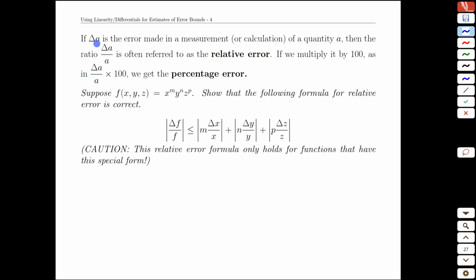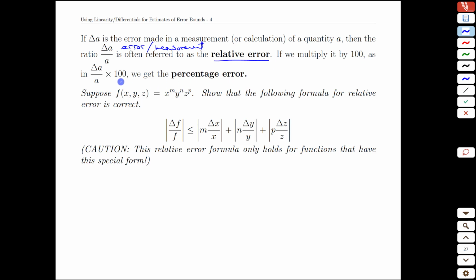If we talk about an error as delta A, and we scale it by the value itself, A, so this is the error on top divided by the measurement, then that ratio is what we call the relative error. If we're off by 1 centimeter in 10,000 meters, that's a small relative error, versus off by 1 centimeter in a 2 centimeter measurement, that would be a very large relative error.